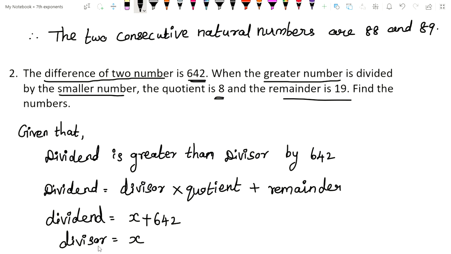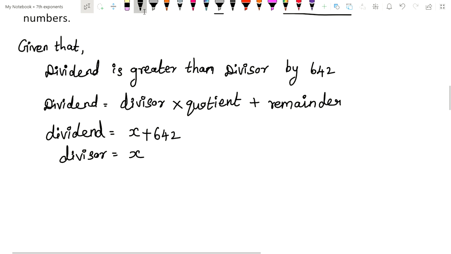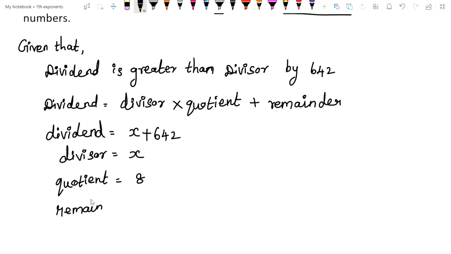So divisor x means the dividend is greater than the divisor. So how much is the difference? 642. So dividend equal to x plus 642. Divisor equal to x. Next, what is given? When we divide this, what we are getting? Quotient equal to 8. Then remainder equal to 19.